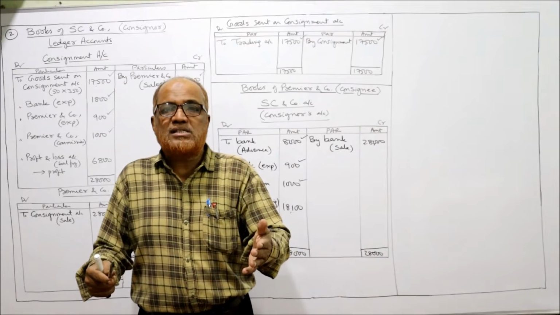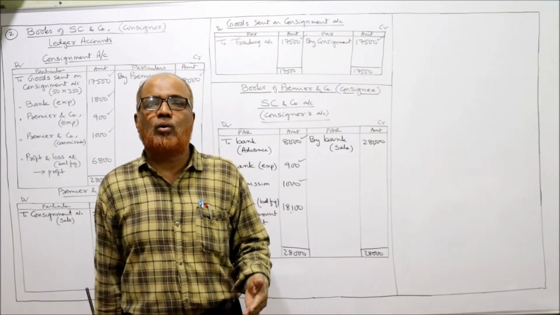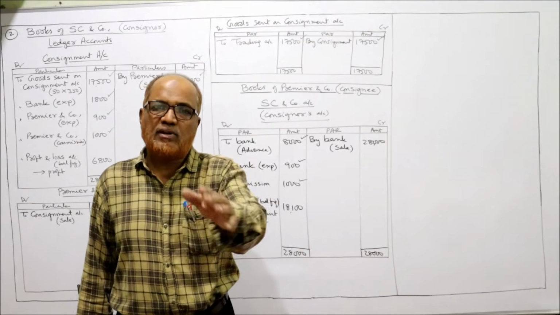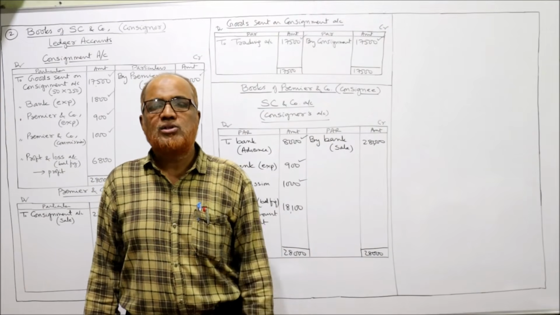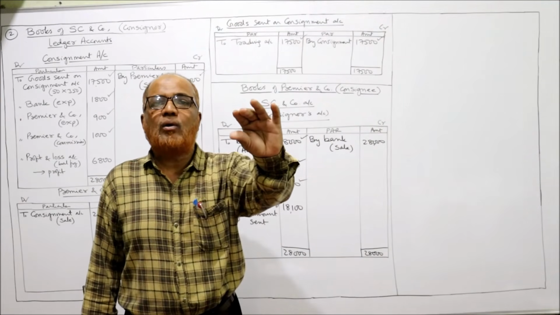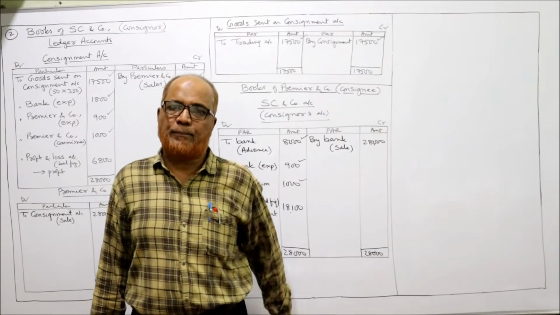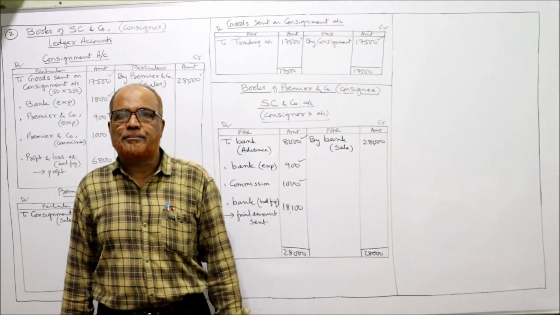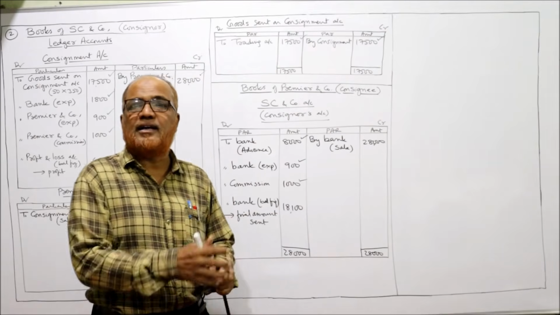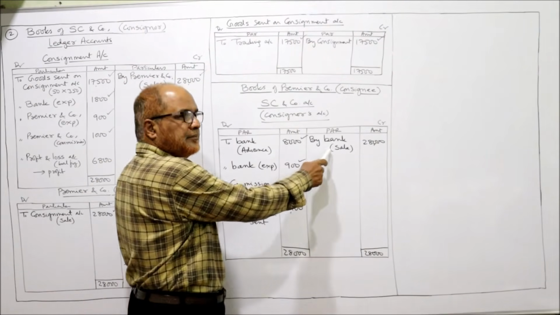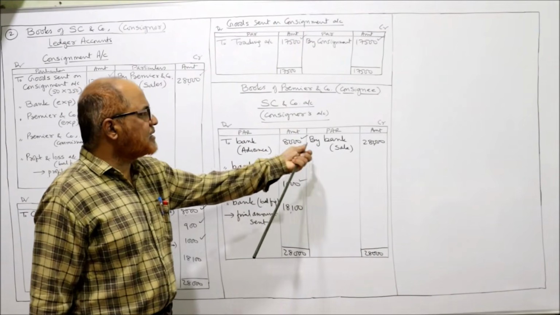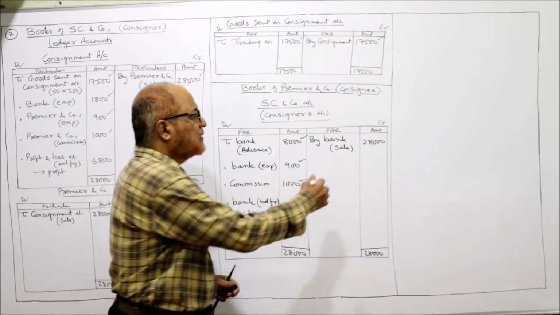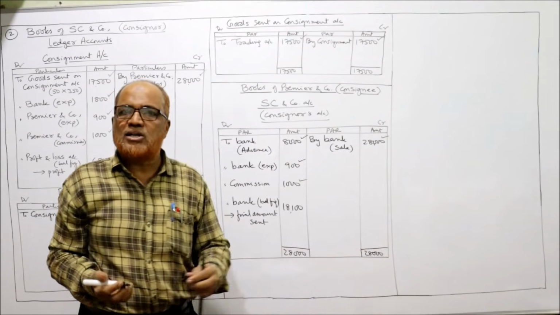On behalf of consignor, consignee has sold the goods. So whatever amount he has received, he has to pay to the consignor. So entry will be bank account debit to SC and Company. SC and Company account is credited by bank 28,000. That's all. All the transactions are over.